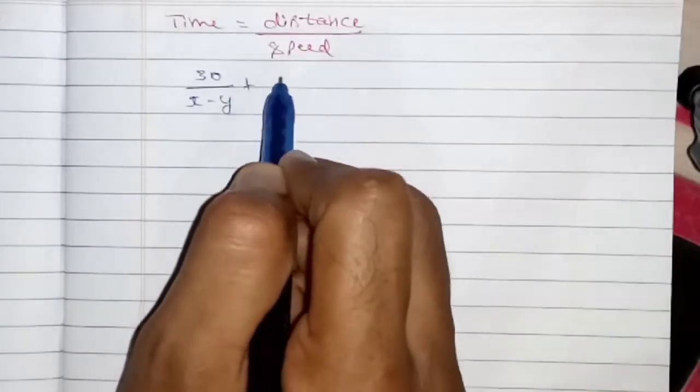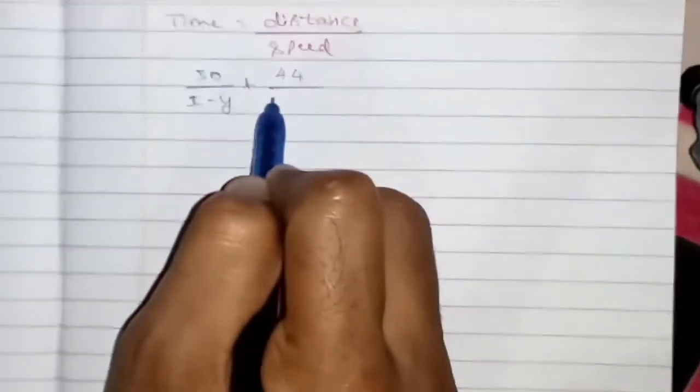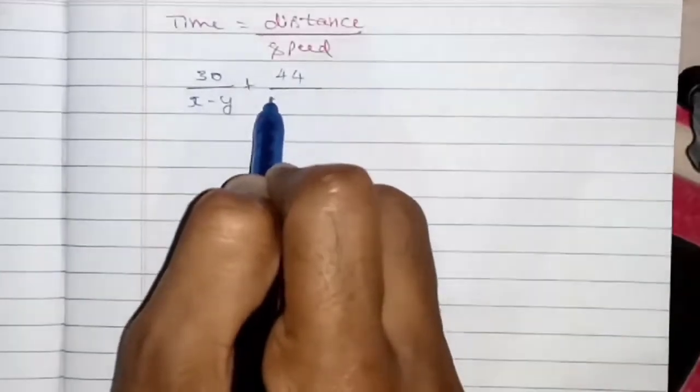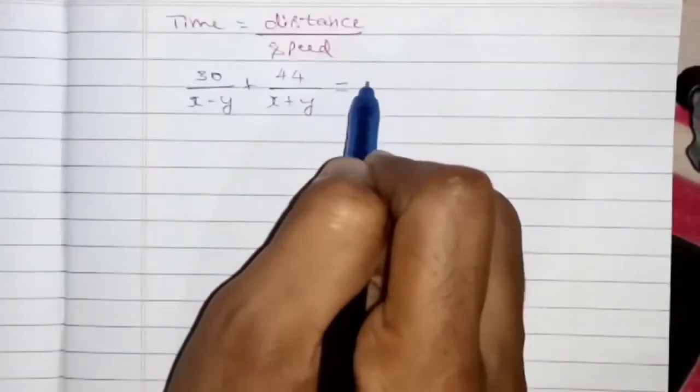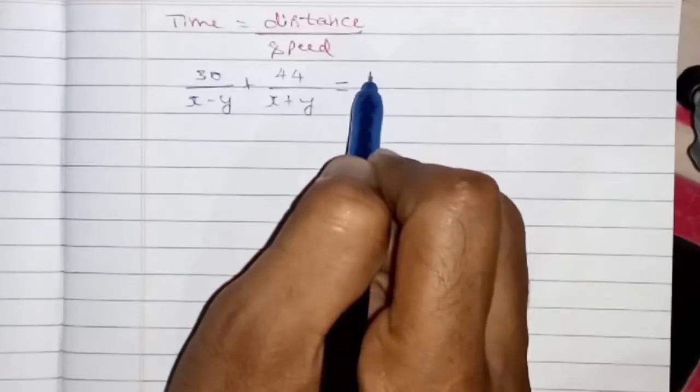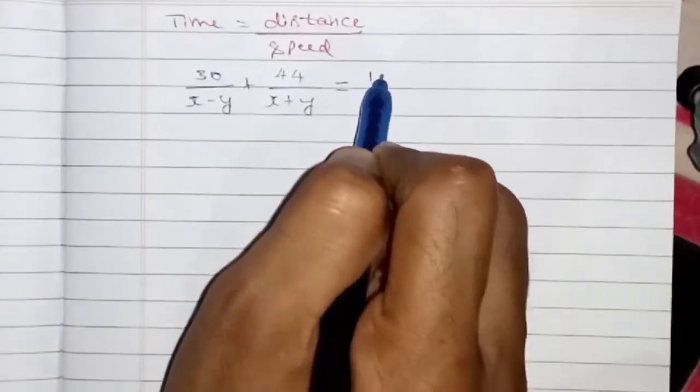For the downstream, 44 is the distance, divided by the speed x plus y, that equals the total time taken by the boat, which is 10 hours.